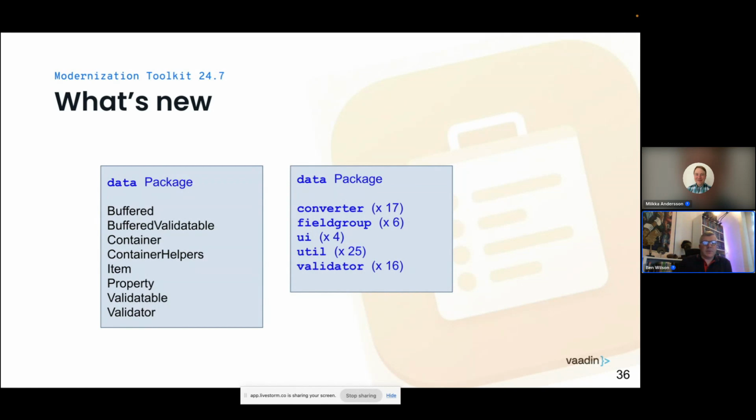We actually got this lazy query container to work with feature pack for a customer who is upgrading from Vaadin 7 to Vaadin 24. So we can say it's definitely possible. We just need to figure out a way of packaging that because this is a community contribution.